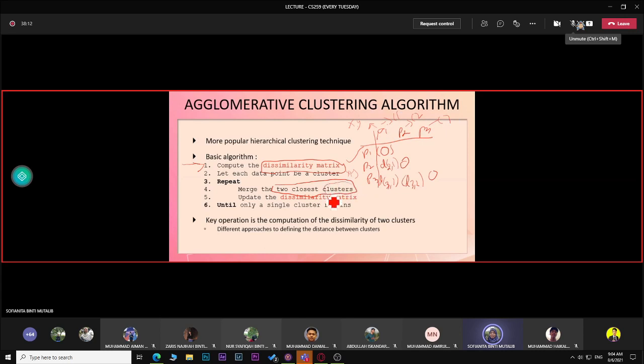That's why it's mentioned as clusters here. So merge the two closest clusters. The algorithm will search in this table for the closest cluster by looking at the distance. There are 3 distance values. Which one will be the closest?